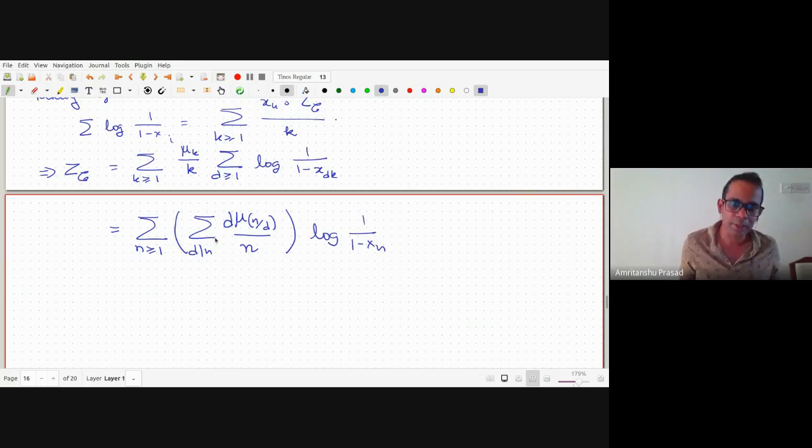But this is just the Euler totient function by Möbius inversion. So you know that summation d divides n of φ(d) is n. So you get that this is the sum over n greater than or equal to 1 of φ(n) by n times log of 1 over 1 minus x_n.